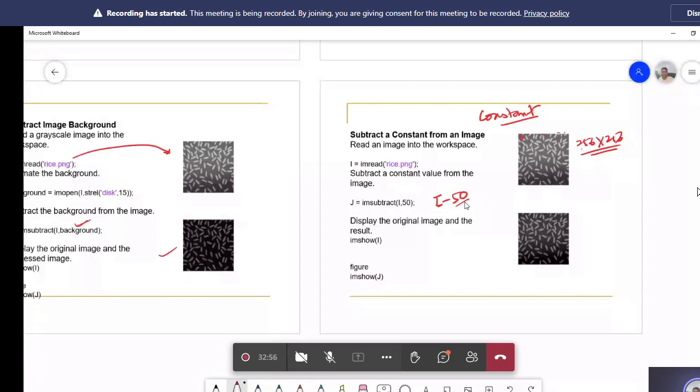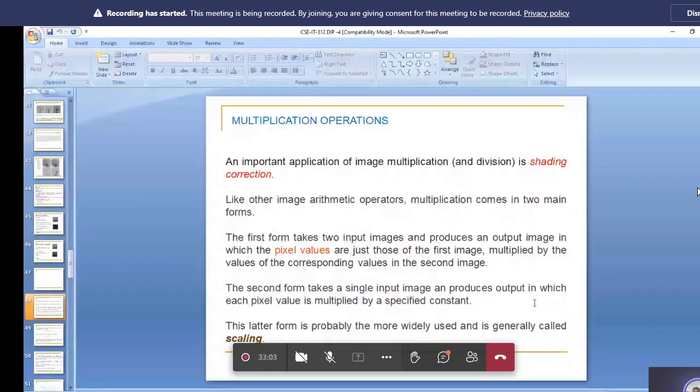Now, multiplication operation. An important application of multiplication and division is shading correction. Like other image arithmetic operations, multiplication comes in two main forms.